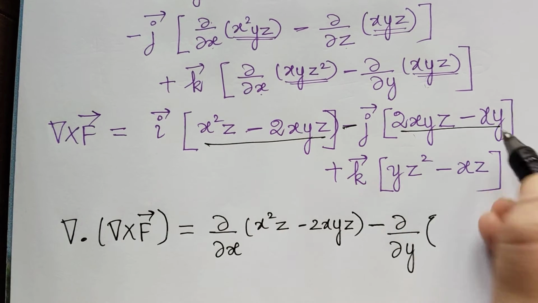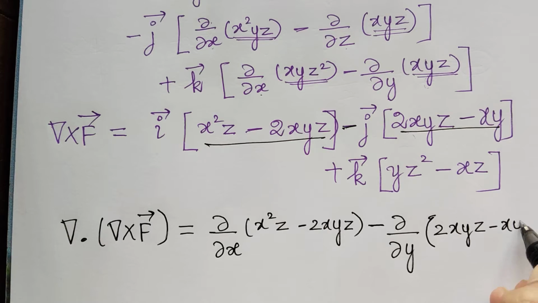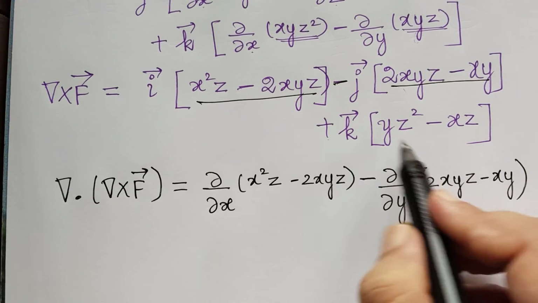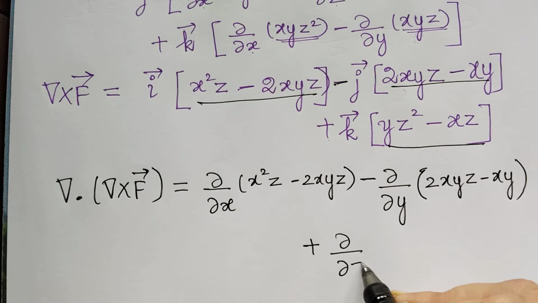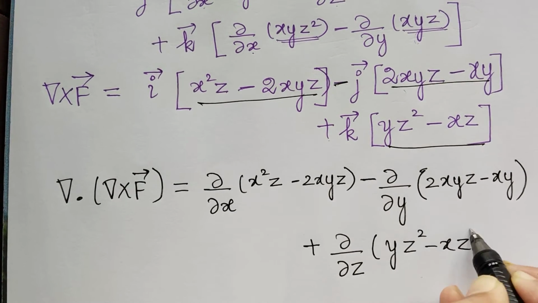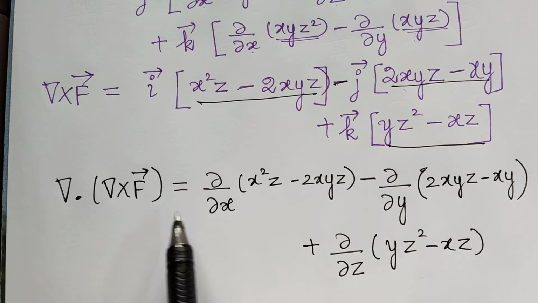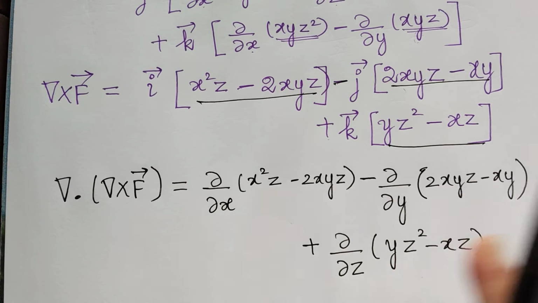What is the jth component over here? 2xyz minus xy, plus dou by dou z of the kth component, which is yz squared minus xz. This is by the concept of divergence, which we have seen previously also. So kindly go through how to find the divergence of a vector, and then follow this.